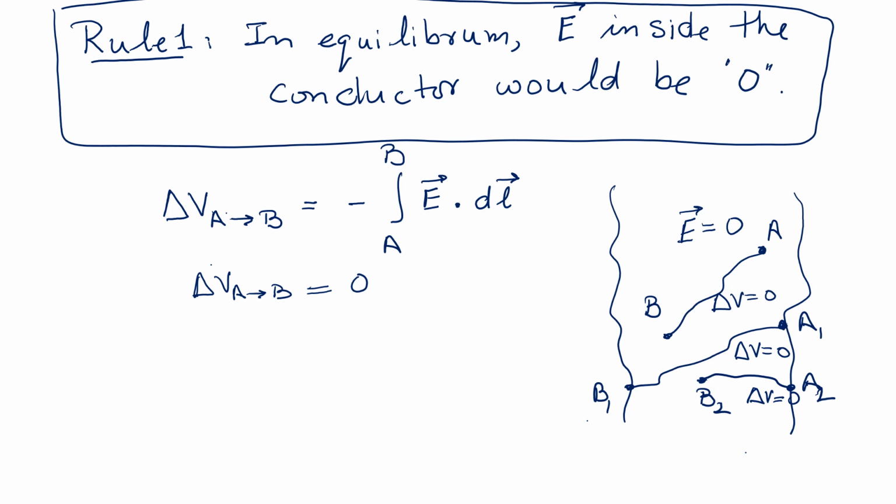This is exactly what you're doing in ECE 140 also. You're assuming that the wires are perfect and there is no voltage drop created across a wire. So that makes my rule 2, which is conductors are equipotential.